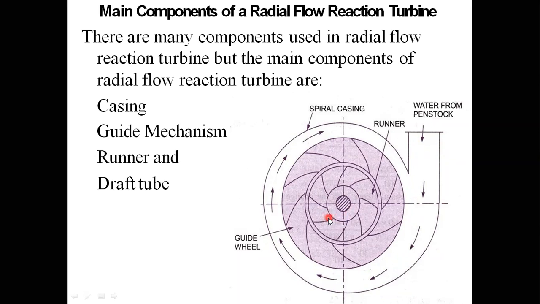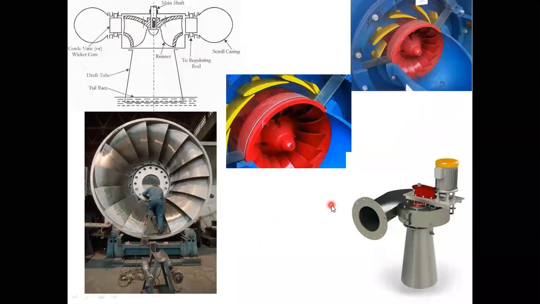Now see, these are the guide vanes. This is the runner here, and the draft tube. This is the actual side view.